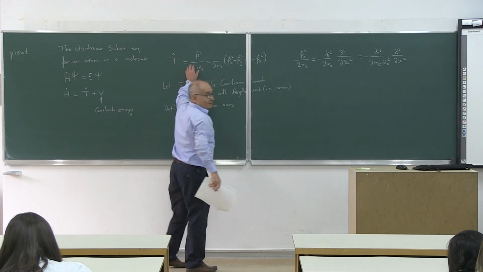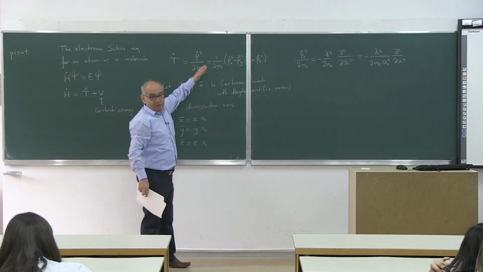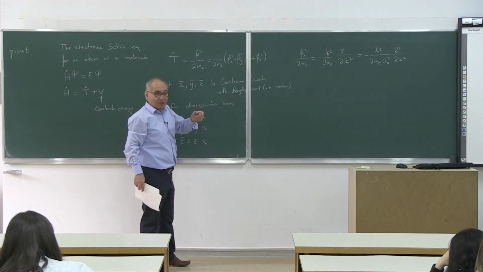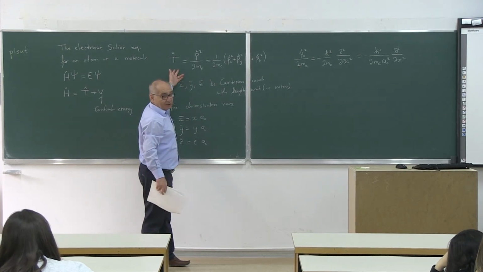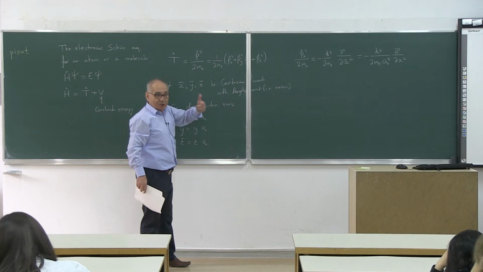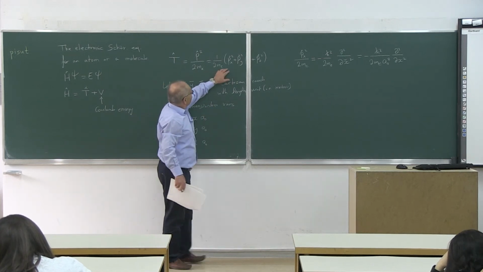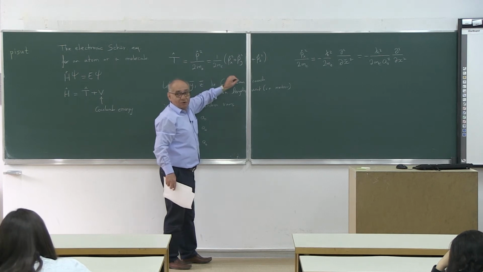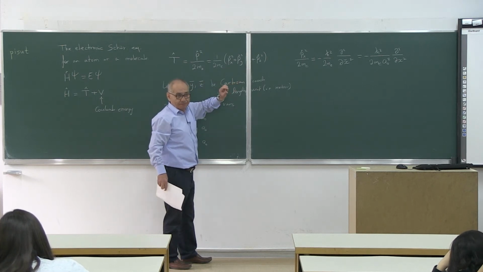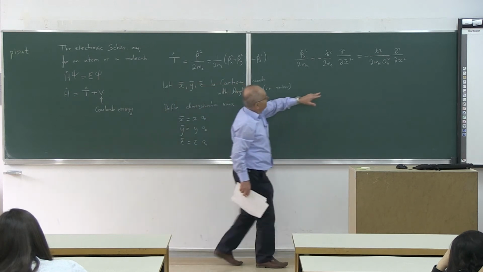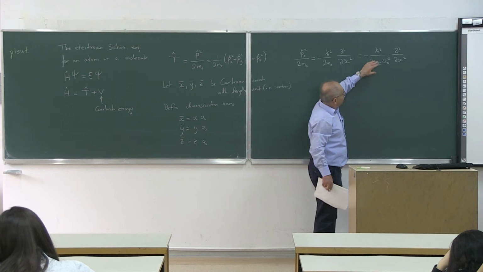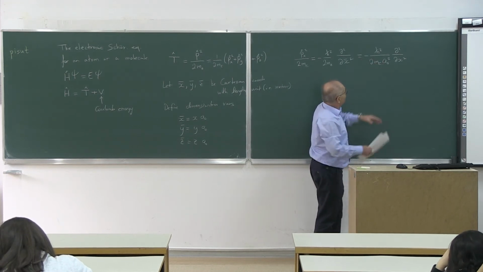Please note that even though kinetic energy is an operator, nevertheless it has a unit. It's kinetic energy. Therefore, it has energy unit. In this expression, which is in SI units, the unit for energy is joule. So this expression has the net unit joule.